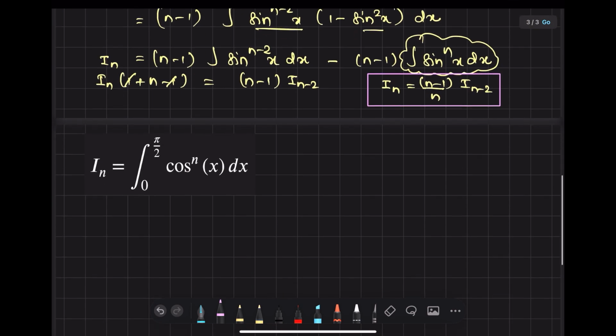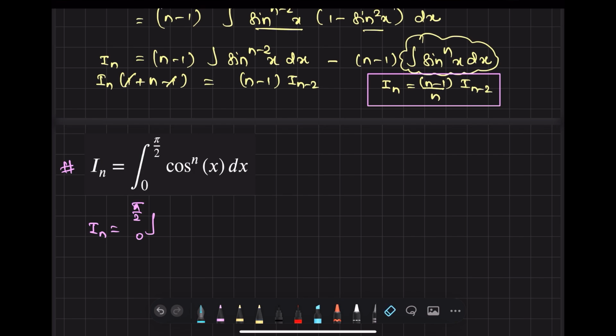Now look at this. Suppose we have this question, cos power n x. You know that again you have to take one thing outside, but go a little slow. Suppose for this question we apply the property, King's rule. It says you have to add the lower limit and upper limit and then subtract x.